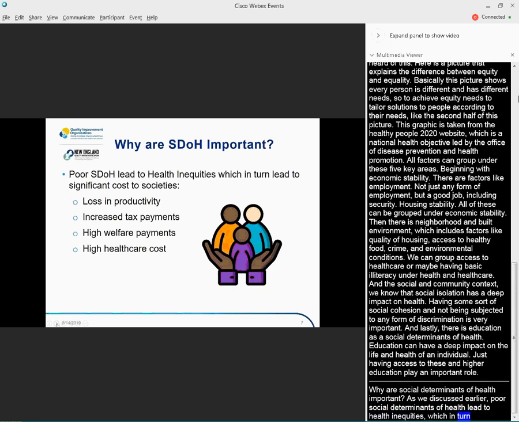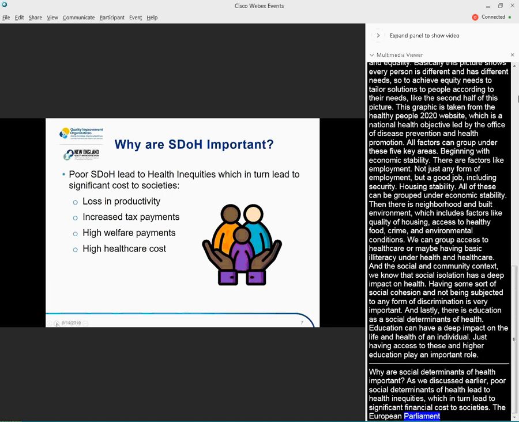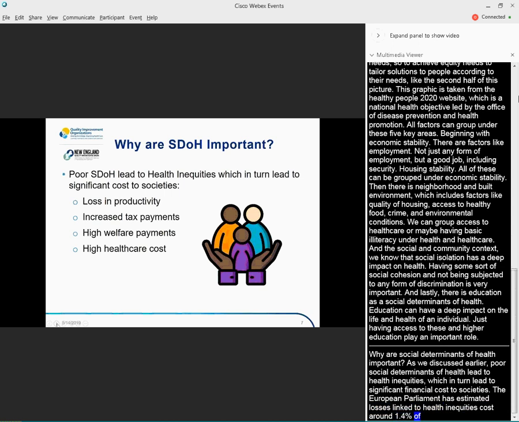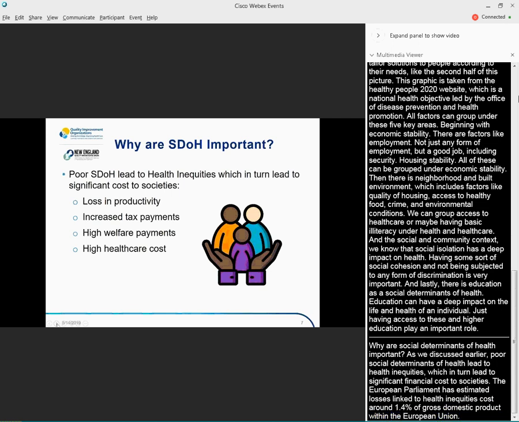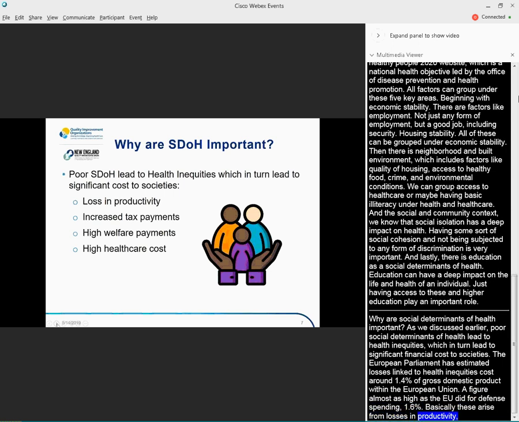Per the WHO website, the European Parliament has estimated that losses linked to health inequities cost around 1.4% of gross domestic product, GDP, within the European Union, a figure almost as high as EU's defense spending, that is 1.6% of GDP. So basically, these losses arise from losses in productivity, tax payments, higher welfare payments, and something very important to us, that is high healthcare costs.